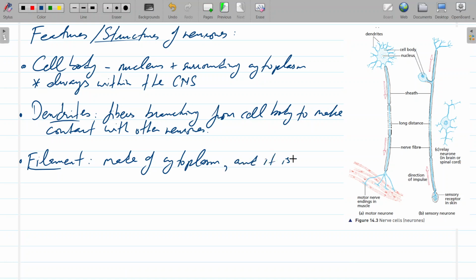It's made of cytoplasm, and it is covered by a layer. Filament is the tail-like part of the neuron.